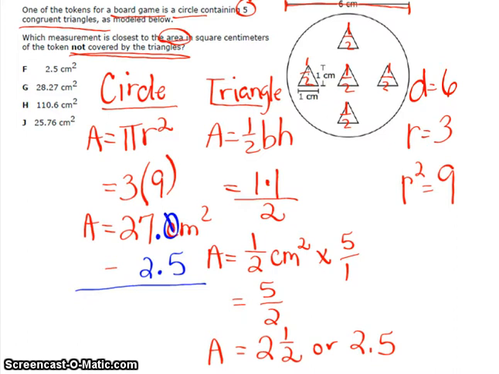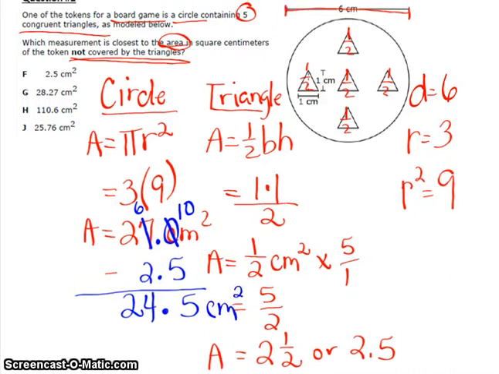You can't take 5 from 0, so I'm going to make it a 10, and I'm going to regroup the 7 to a 6. 10 minus 5 is 5. I bring down my decimal. 6 minus 2 is 4, and then 2 minus 0 is 2. So my answer is about 24.5 centimeters squared.